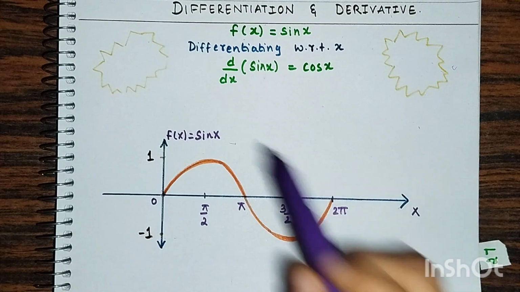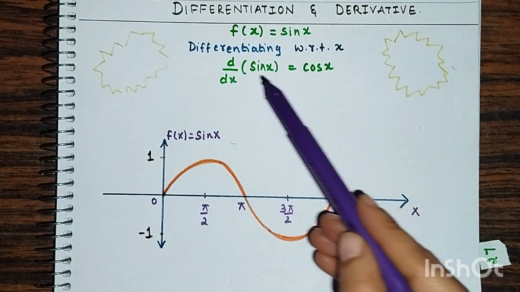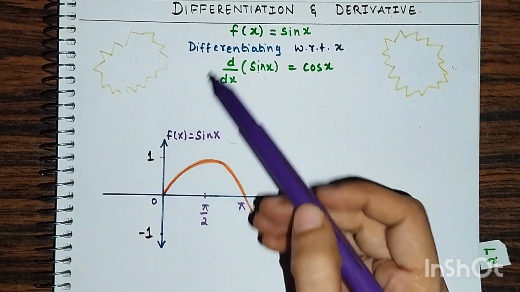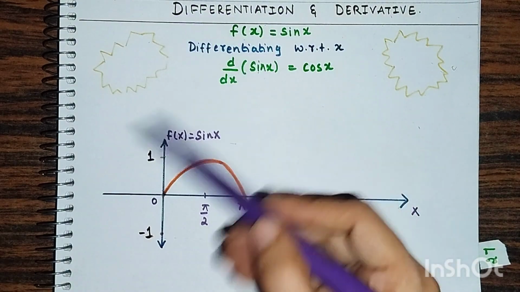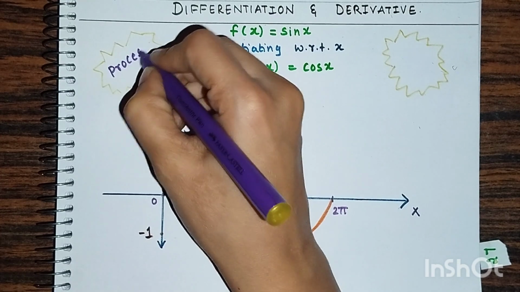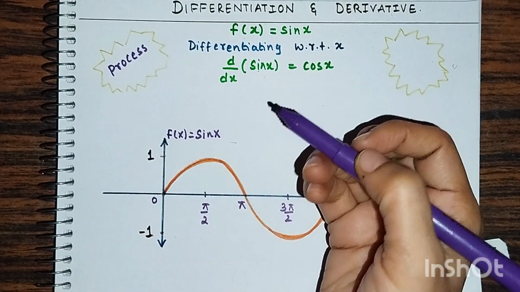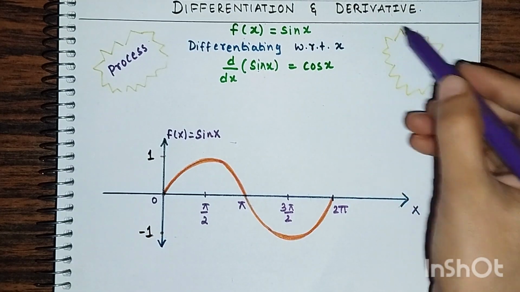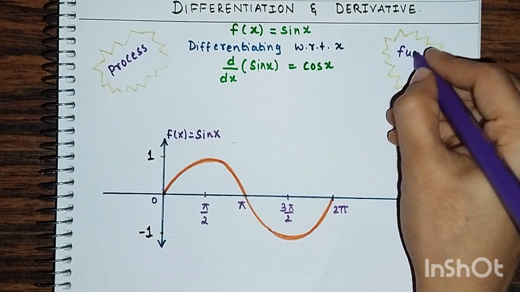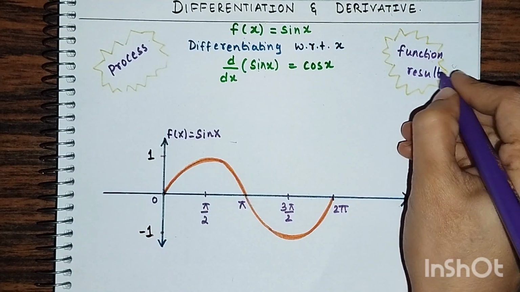So here this action or this activity or this process which goes from sin x to cos x, this is what we call differentiation. It is a process, it's a technique. So it's a technique of finding the derivative. So derivative is also a function, or we can say it's the result of differentiation.